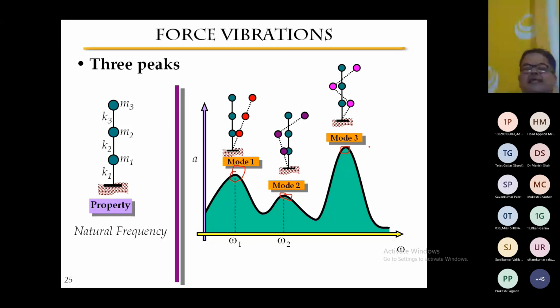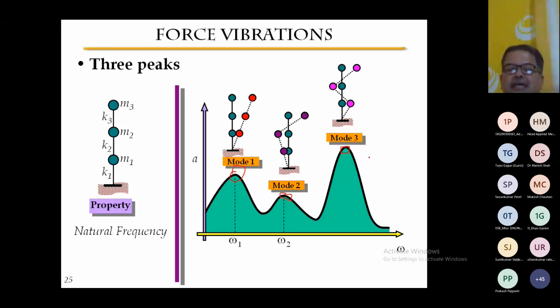Now the question will arise: in which mode is your system going to respond more? It depends. For example, if my structure has 3 frequencies, say 3 hertz, 10 hertz, and 20 hertz. If the earthquake contains the 10 hertz frequency, then the response in the second mode will be higher.